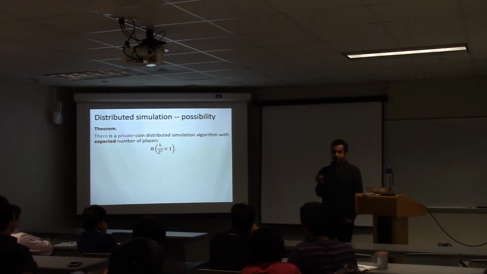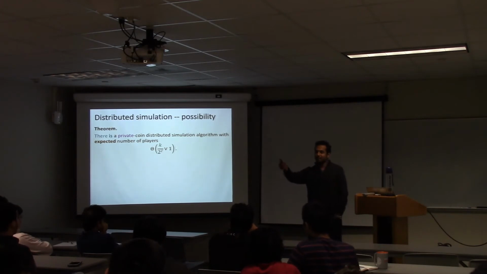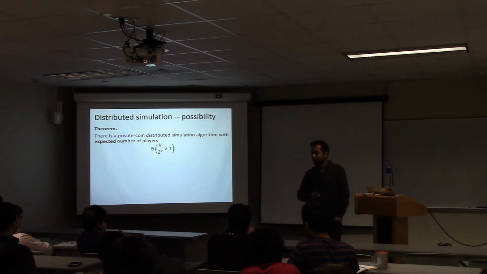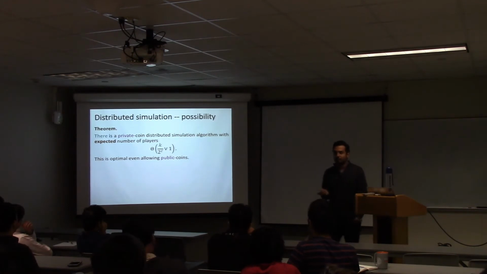So if L is 1, then with k players, I can simulate one pure sample, which requires just log k bits to represent it. And this is optimal, even if you allow public coins.